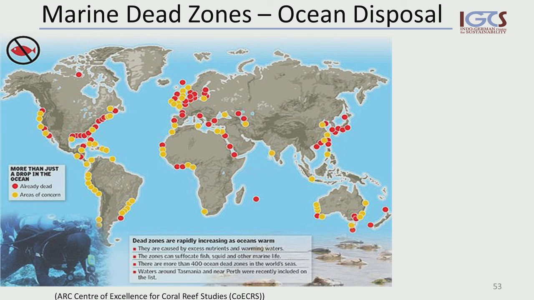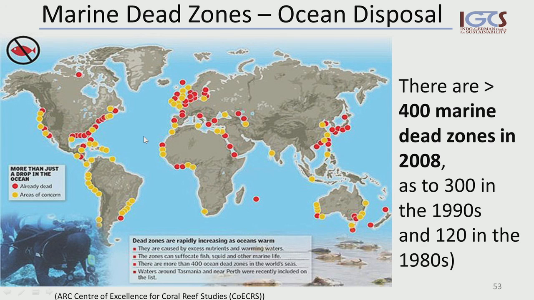It means that we do not have any fish production anymore, any productive aquatic life occurring in those areas anymore. And so fishery has collapsed in those areas. This is due to an excess of nutrient loads.